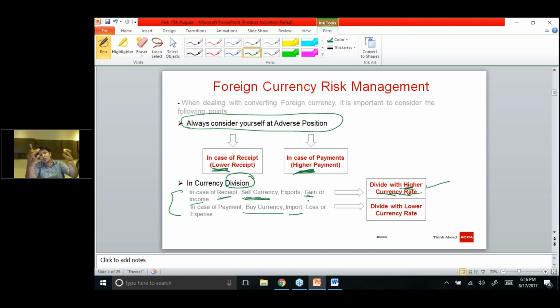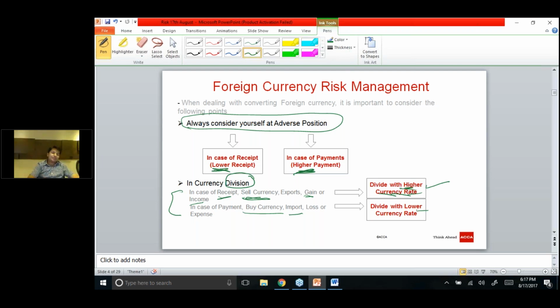And what you're gonna do, you will buy that foreign currency and then send that foreign currency to your supplier. So in case of import, in case of loss, in case of expense, all you have to do, you have to buy currency. And whenever you have to buy currency, in case of division, you have to divide it with the lower rate, because whenever you divide it with the lower rate, your answer will be higher.